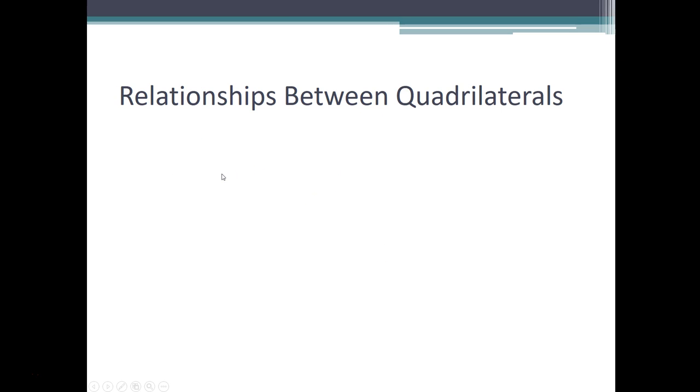Now there's some relationships between the quadrilaterals. You might have noticed as I was writing down these features of each quadrilateral, some of this stuff kept repeating itself. You had your parallelogram. That was one where opposite sides are parallel, opposite sides are equal in length.